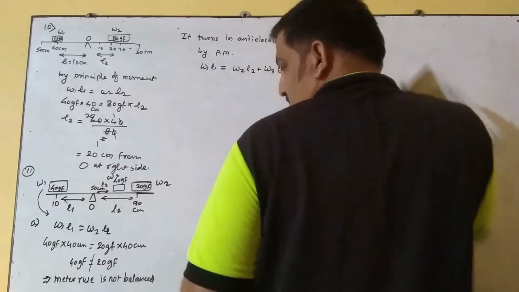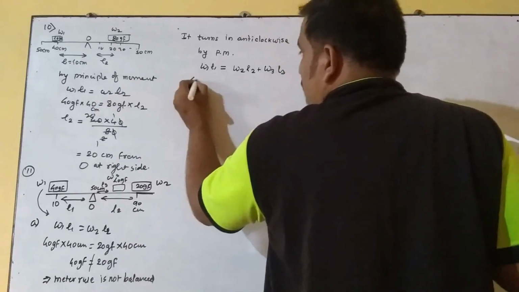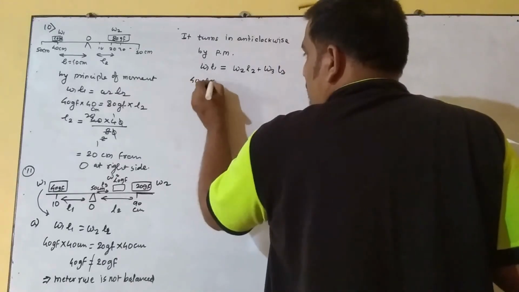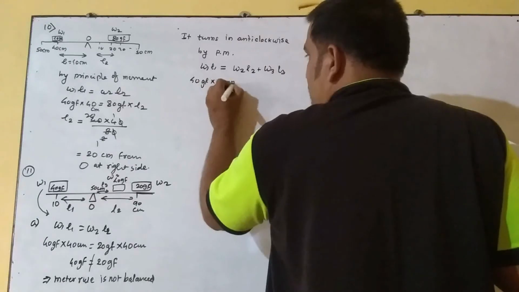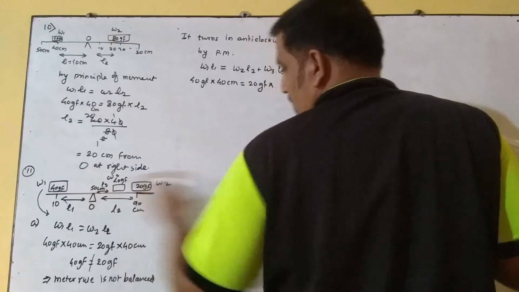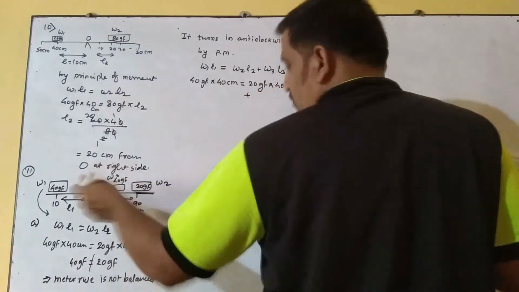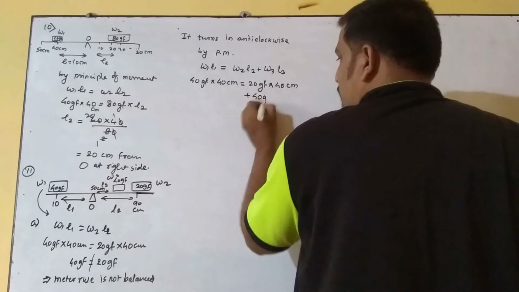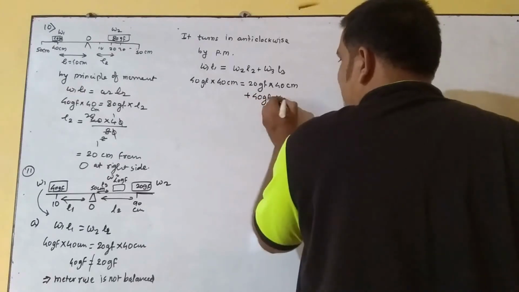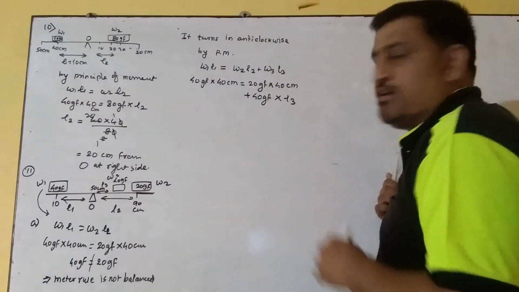W1 L1 is 40 GF into 40 centimeter, here 20 GF at W2 and 40 centimeter plus weight of W3 which is 40 GF, we have to keep to balance at what distance.